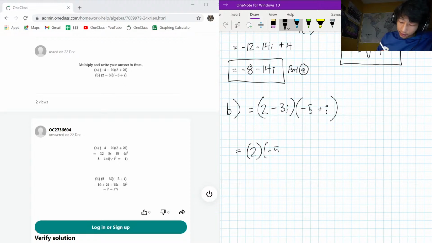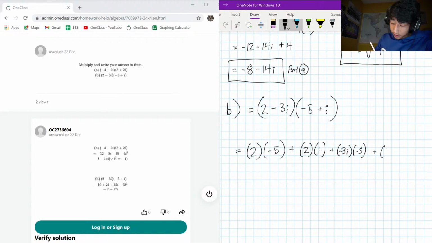So 2 times negative 5 plus negative 3i, oops, my bad, messed up the order, plus 2 times i plus negative 3i times negative 5 plus negative 3i times i.